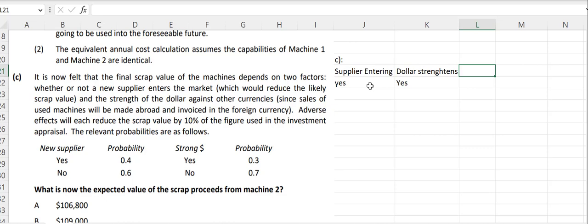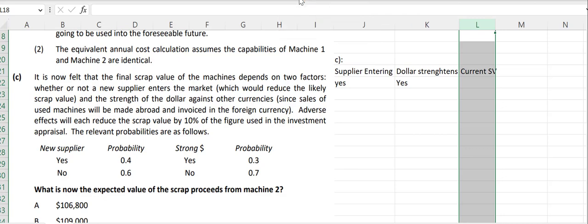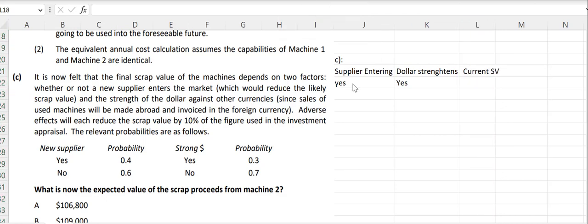So your existing scrap value is 120,000. If the supplier enters the market, it will be reduced by 10%, so it will be reduced to 90%, right? Let us assume that we are dealing with only one uncertain situation, and that is the supplier entering the market.